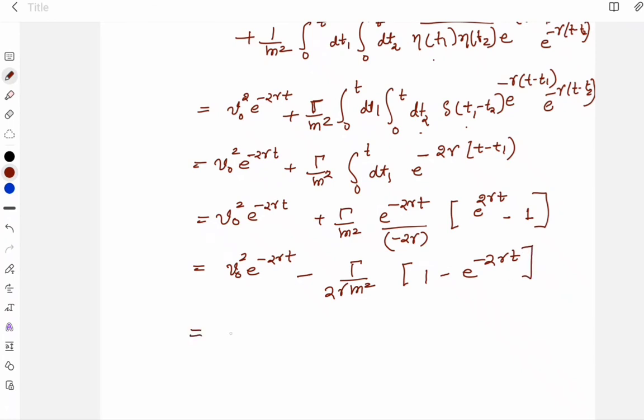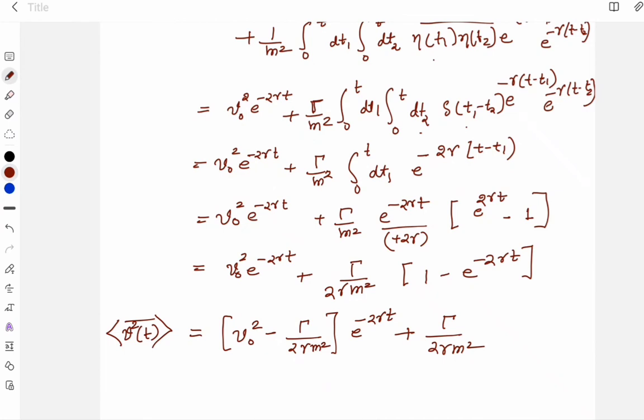Okay, so if you take common, what will you have? I think I made some mistake, there will not be a minus sign because this t1 is actually plus. So this is v0 square minus gamma over 2 gamma m square, and common e to the power minus 2 gamma t, plus gamma over 2 gamma m square, equals v square t average.